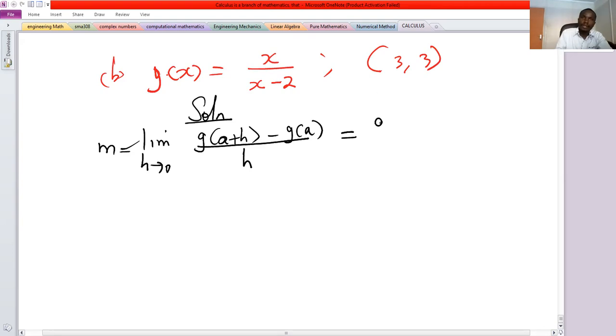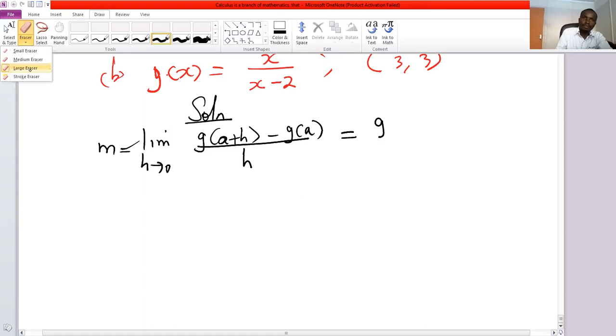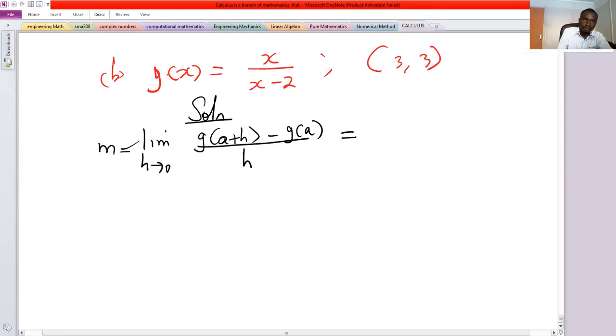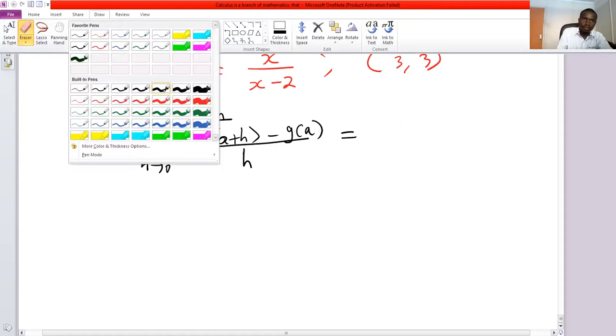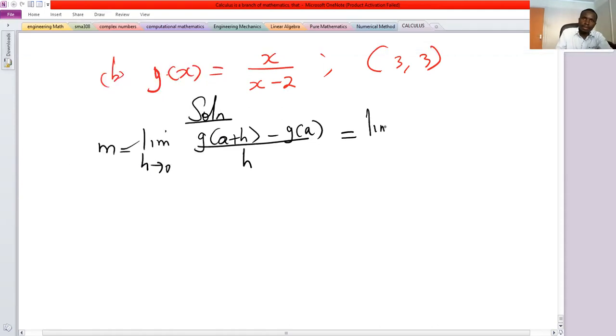A is 3, so it is the limit as h approaches 0 of g of 3 plus h minus g of 3, divided by h.